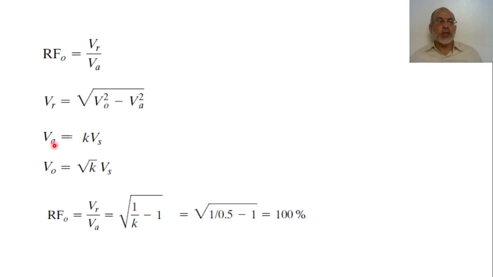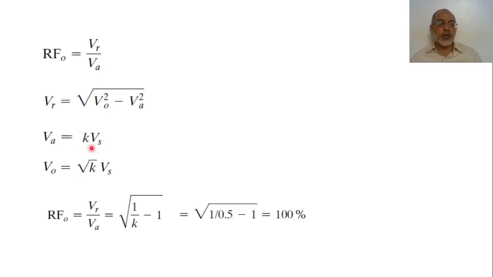Now V average is K multiplied by V source, and V out is the square root of K V source. So we can replace V output by square root K V source, and V average by K V source. So this would be K V source square minus K squared V source square, over V average, which is K V source.